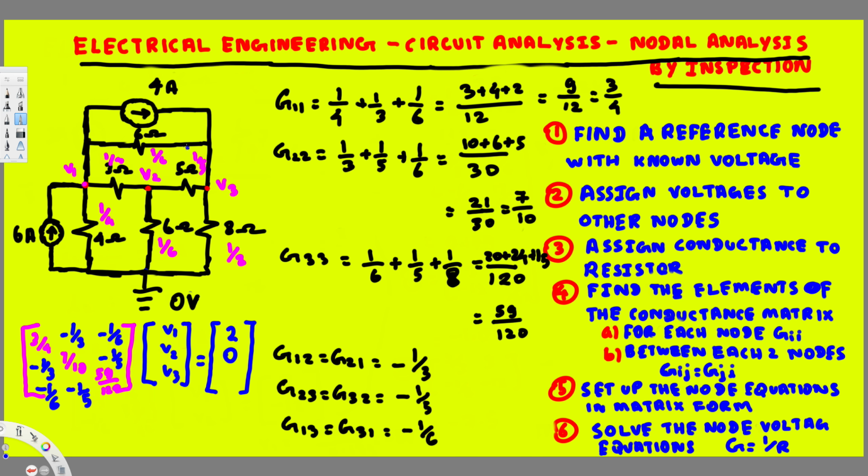And for V3, 4 amperes entering, and nothing exiting, so that's just 4. Now we have this information.